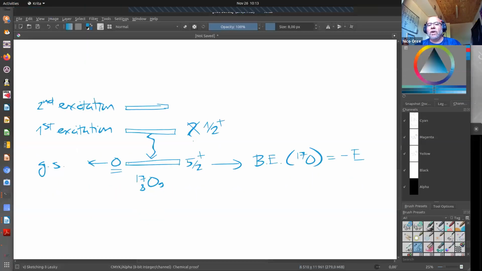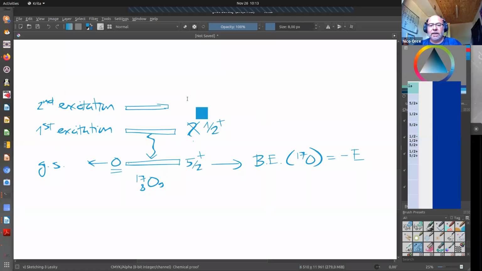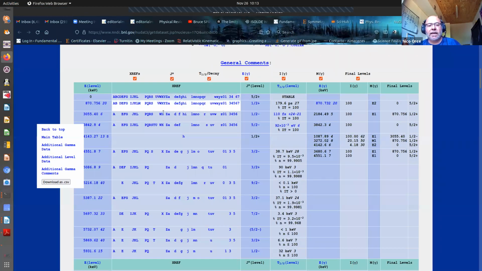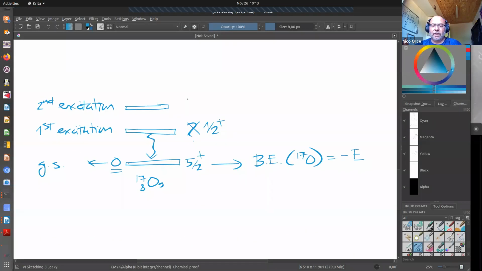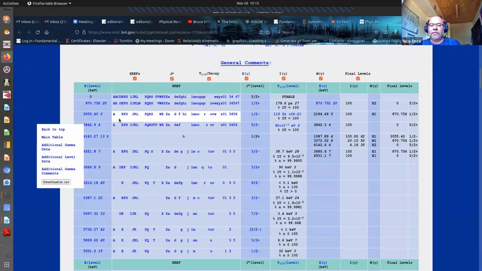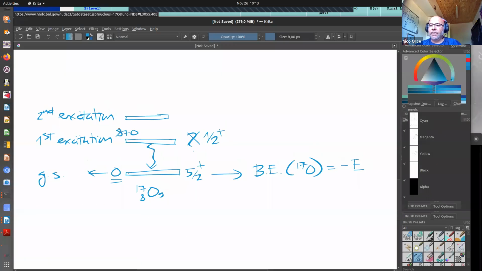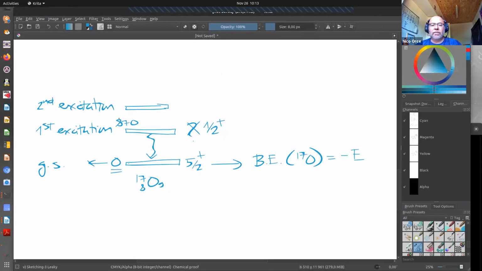So now we can play around with the shell model. And you see, let's go to the energies. It's quite high energy. This was 870 keV with respect to the ground state, 870. But then suddenly there's a big jump in energy. The next one is 3055, right? 3.055 MeV or 3055 keV.